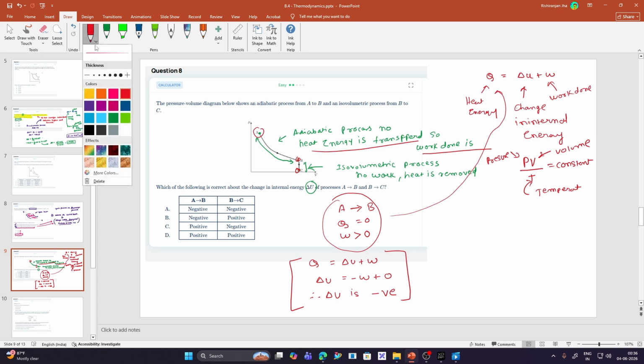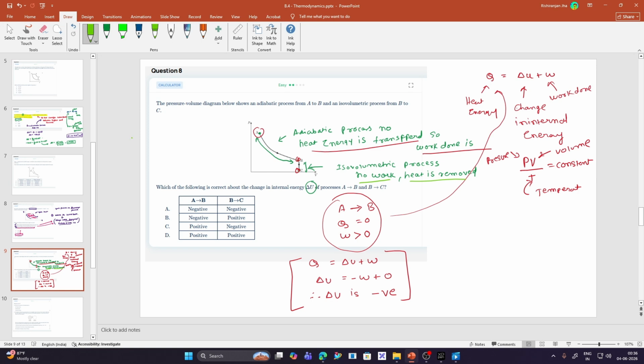Now let's have a look at the second part. The second part is an isovolumetric process. In the isovolumetric process, we understand that the heat is removed and no work is done in this process, right?